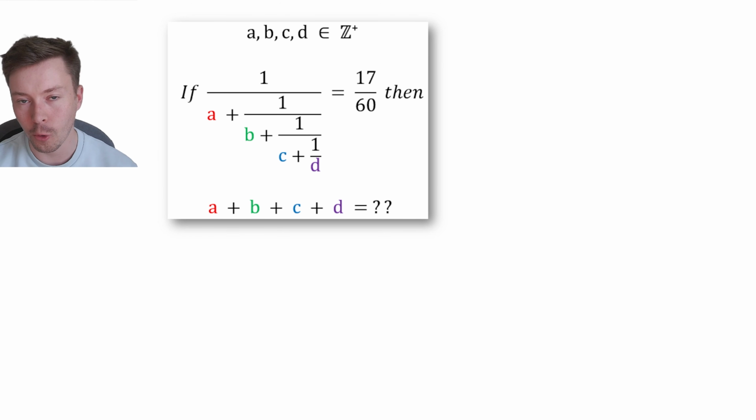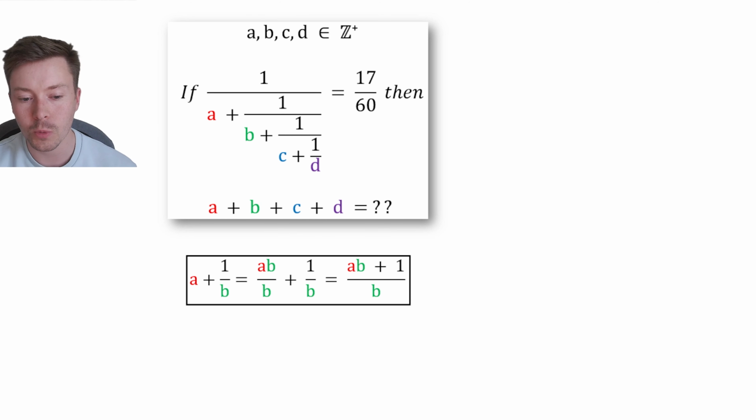Okay, now before I get into rearranging this and solving it, there's a few things that I'm going to use throughout my solution. So we're going to talk about those very quickly first. Now the first one is that if we're adding a whole number to a fraction, we need to make that whole number, or that letter, into a fraction with the same denominator before we can add it.